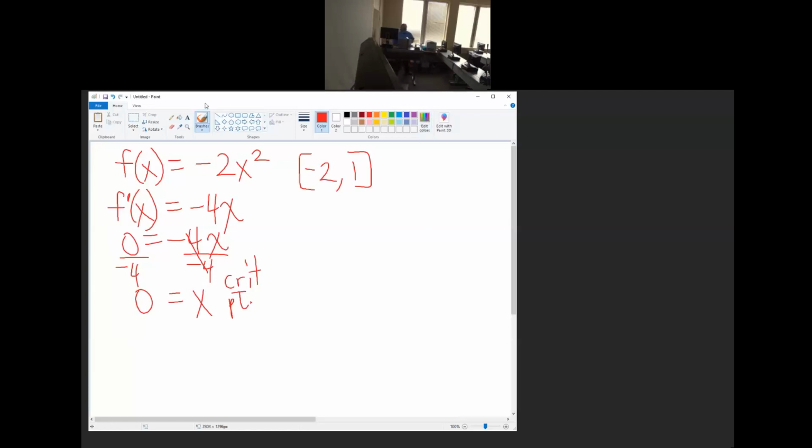So let's start with our critical point, x equal to 0. And we plug 0 into our original function. And that still gives us 0. Plug in our first endpoint, negative 2.